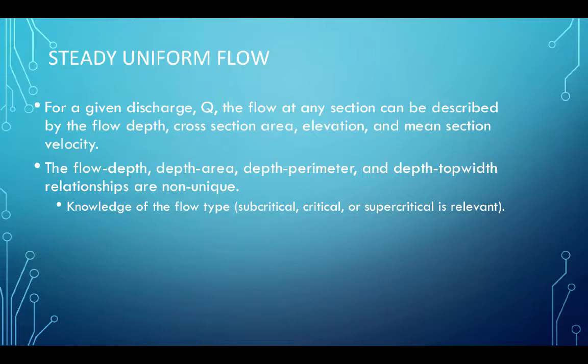The depth-area, depth-perimeter, and depth-top width relationships are not unique, so they can exist in at least two states, and so the knowledge of the flow type, whether it is subcritical, critical, or supercritical, is relevant.